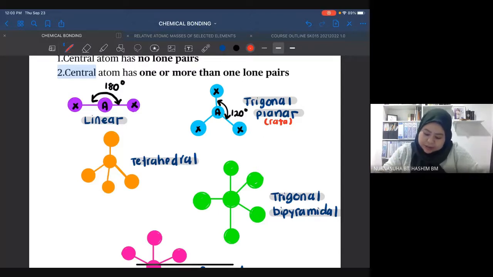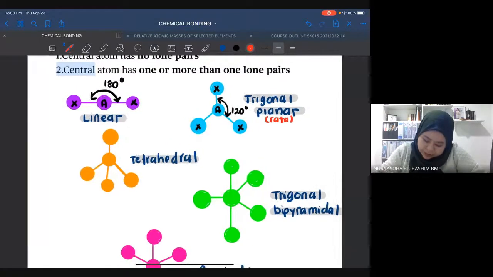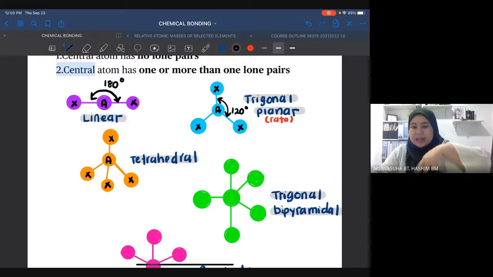Next is tetrahedral. Okay, tetrahedral is when you have a central atom and you have 4 surrounding atoms. Tetrahedral ni dia macam 3 kaki kat bawah. Sorry ya, Madam tak ada model. Nantilah Madam beli plasticine buat model, because my model dekat college.